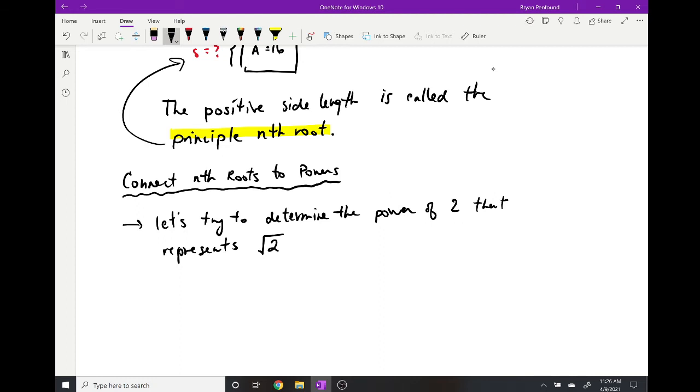In other words, is it possible to take the square root of 2 and rewrite it as 2 to some kind of fractional power?